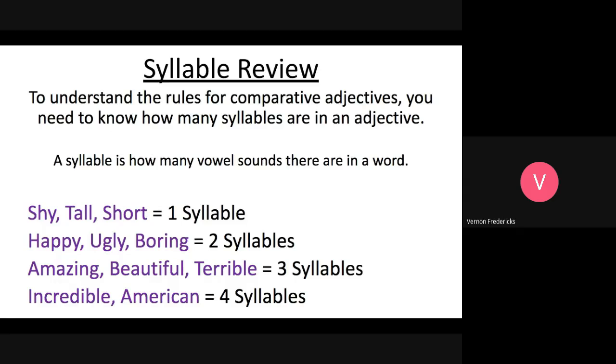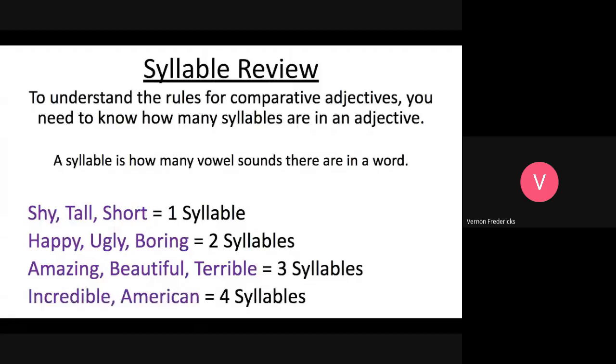If you listen to the word shy, you will hear there is one vowel sound. The second one is tall, one syllable. The third word is short, one syllable again.